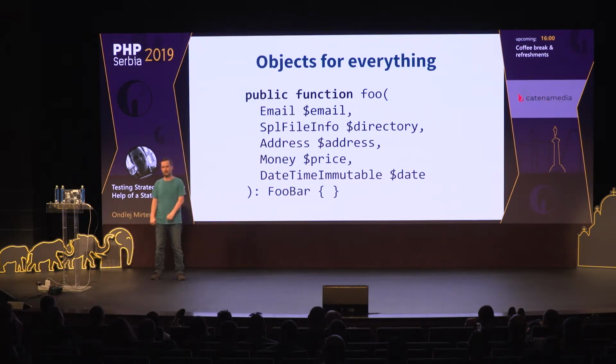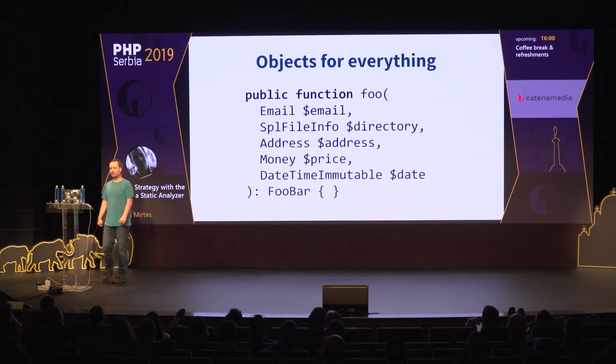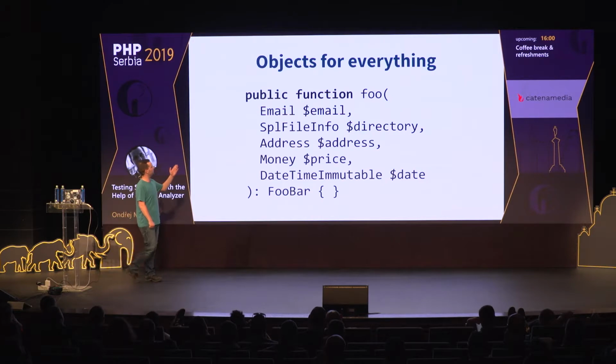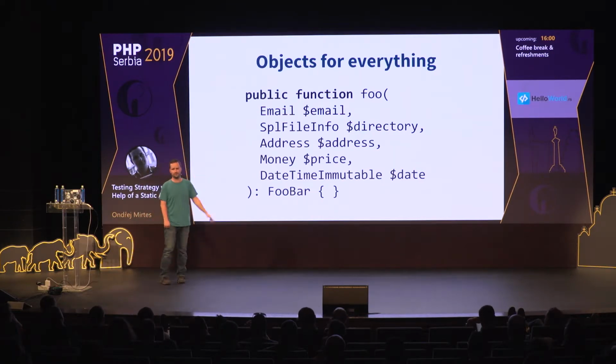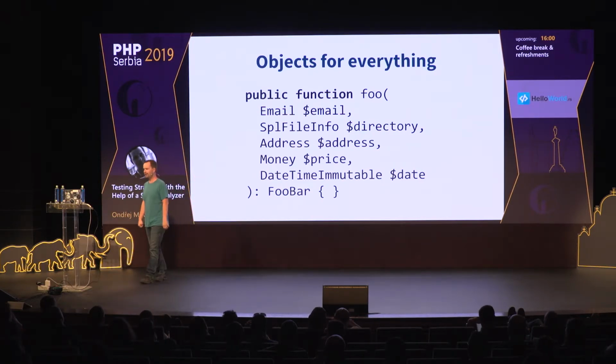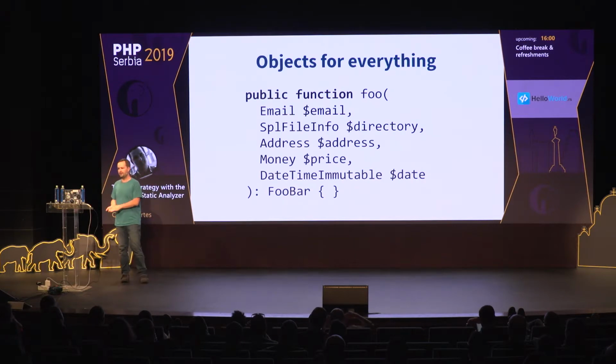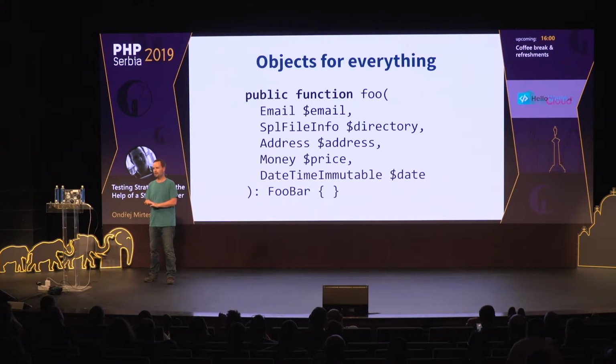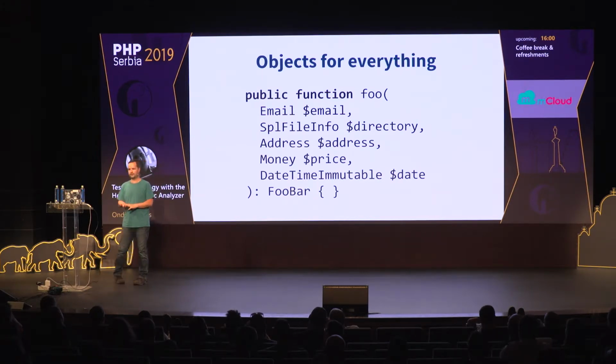Using objects actually brings you three separate benefits. So first, they should be consistent and validated. If you are accepting an email somewhere, you should make sure that the actual value inside the email object is valid. So you should validate in the constructor of the email object whether the email is valid.